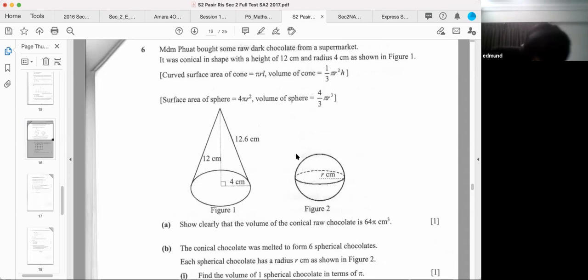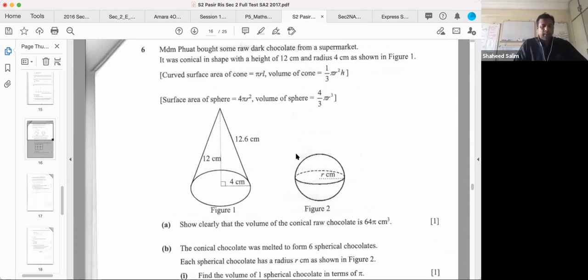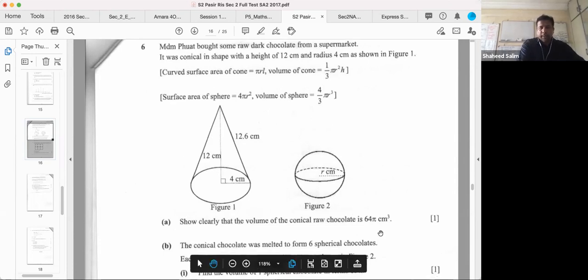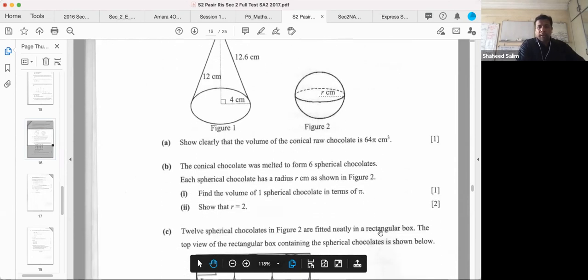One third times 4 square times 12. There's 1/3 times 4 square times 12 times pi. Okay, means you get it correct. 64 pi. Okay, so well done. Can you then try the next one?